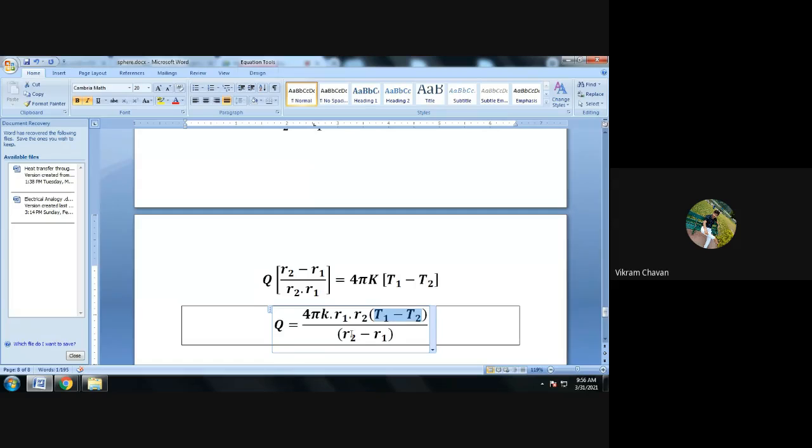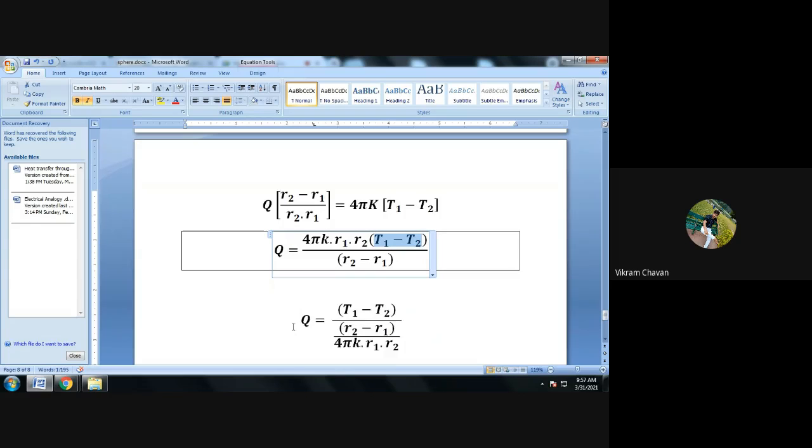So for that reason we have to shift the remaining part from the numerator to the denominator side. So if you shift this, we'll get the equation as q is equal to t1 minus t2 whole divided by r2 minus r1 divided by 4 pi k multiplied by r1 multiplied by r2.